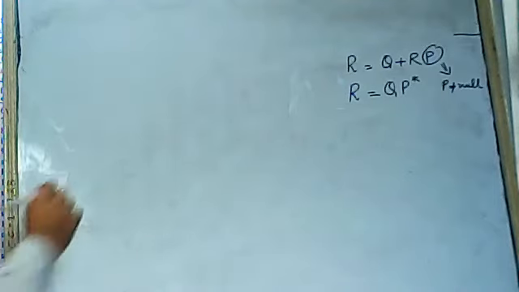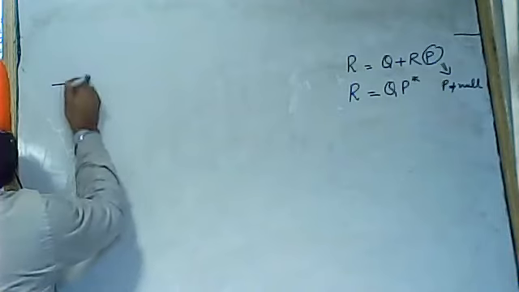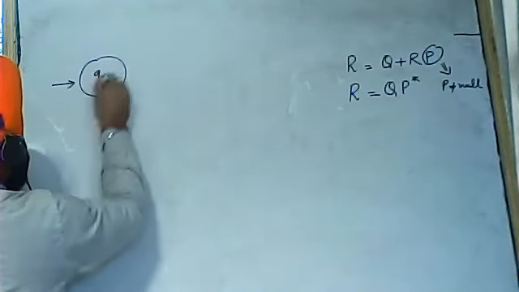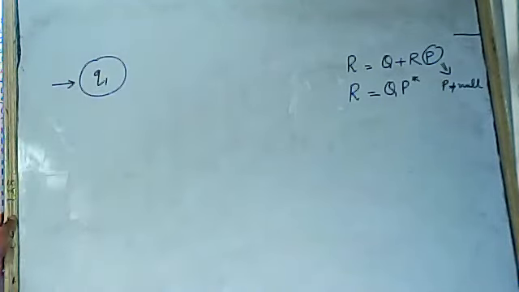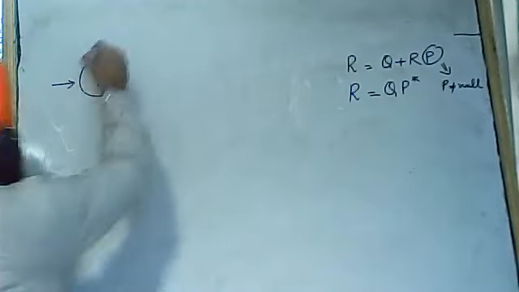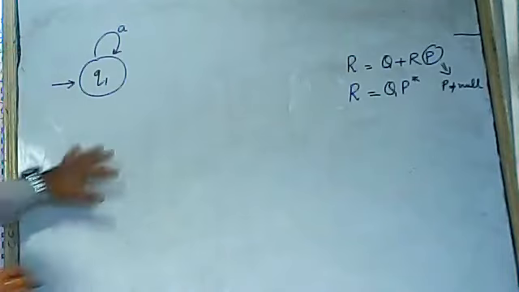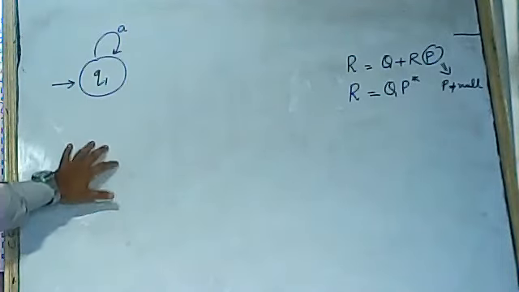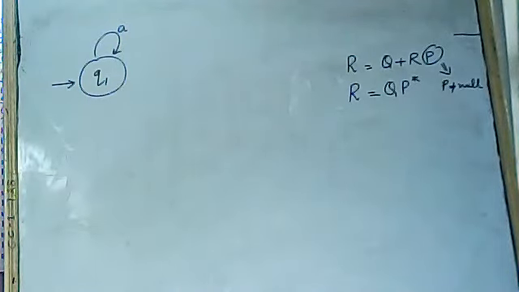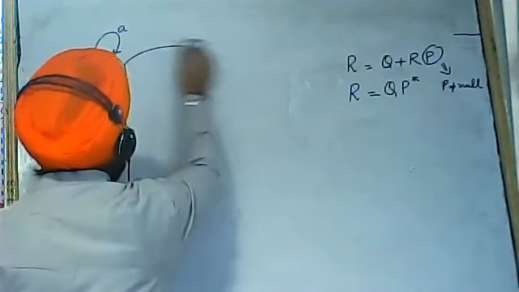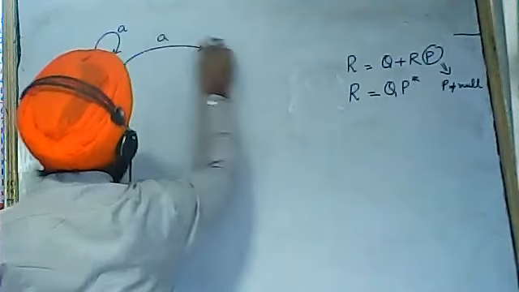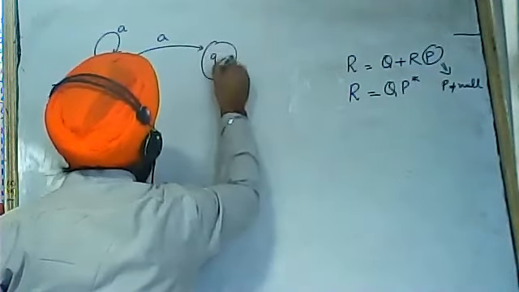The first state is Q1. Q1 upon the processing of A goes to itself, and upon the processing of A goes to the next state, Q2.